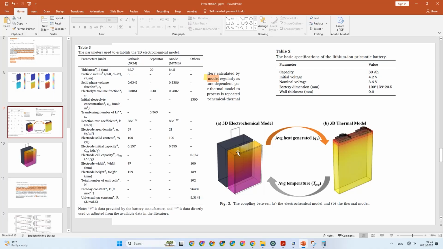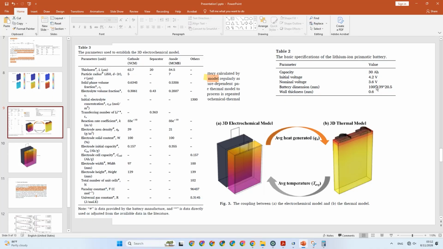Really, I don't know. Wall thickness, it's about 100 here, but 100, 139. What is 25?